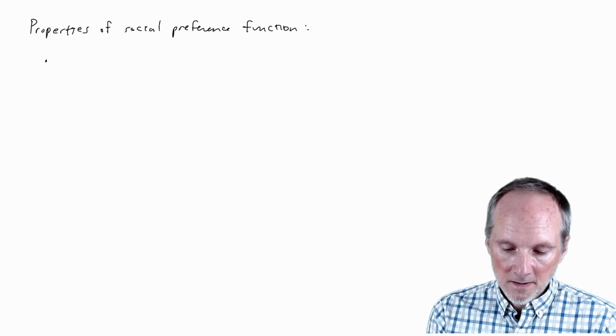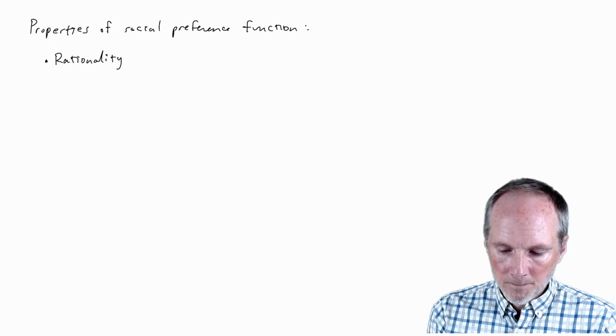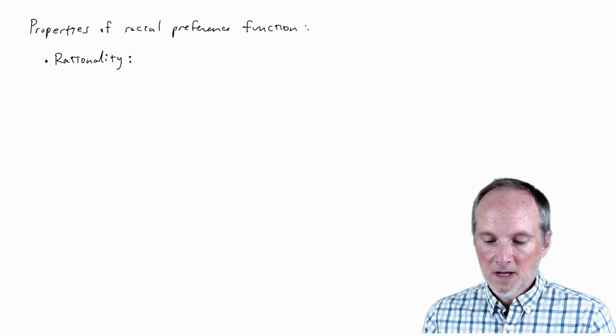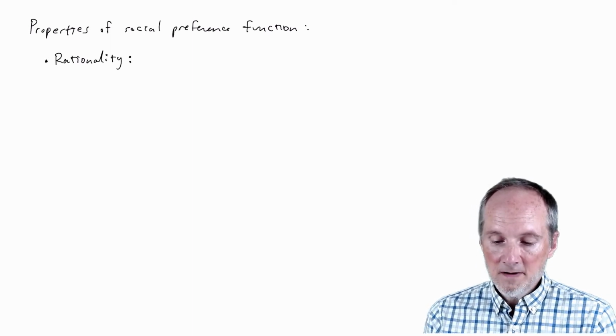I'm going to call it rationality. What does it mean for a social preference function to have this property?